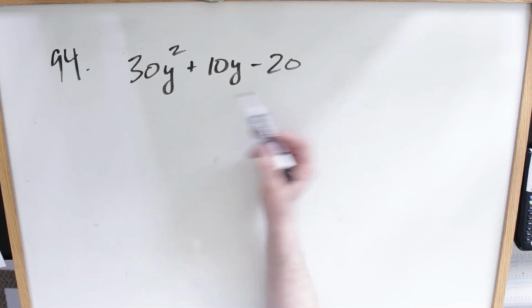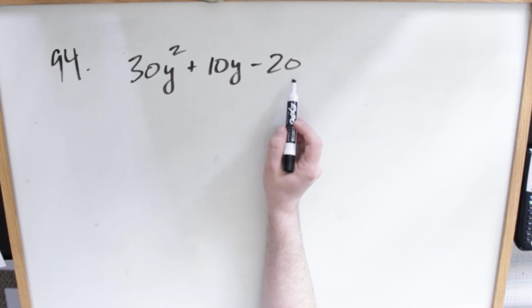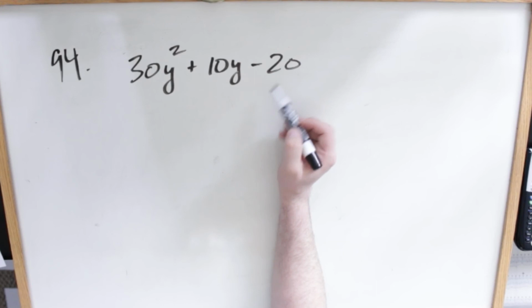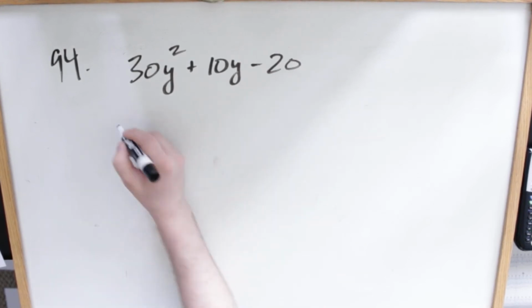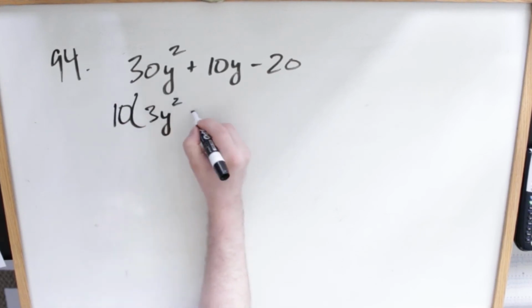Now check this out. 10 can come out of all of these things. 10 goes into 30 three times, 10 goes into 10 one time, and 10 goes into a negative 20 negative 2 times. So right off the bat, what you can do is change it to be like this.